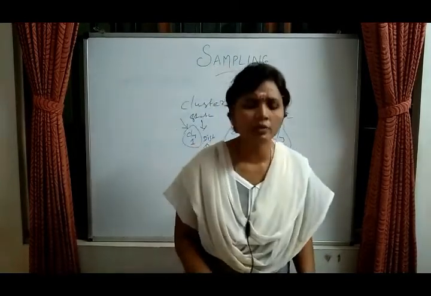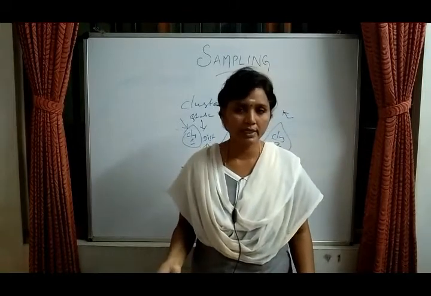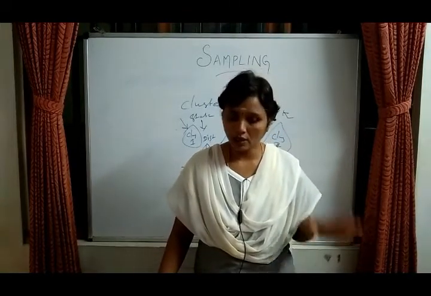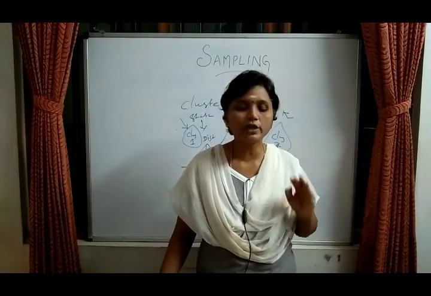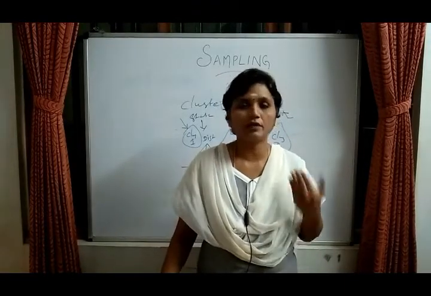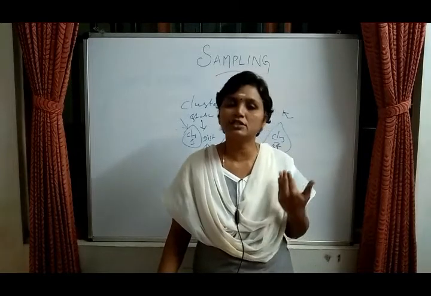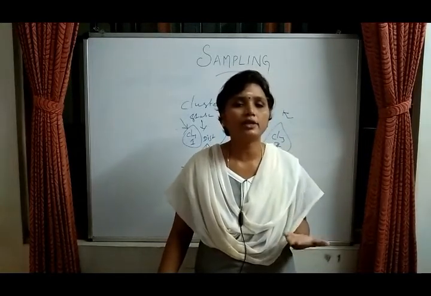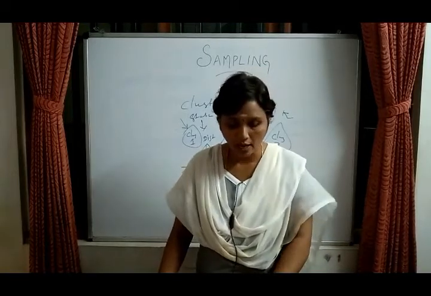Okay. Then we will move on to non-probability sampling. In this non-probability sampling, as I already told, it is according to the researcher's convenience or the researcher's need. We will be using the technique called non-probability sampling.